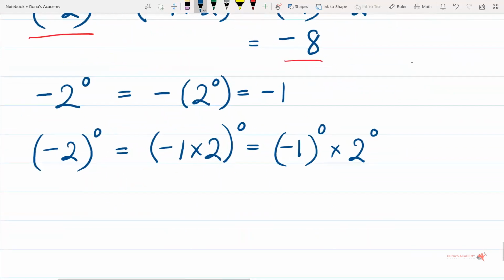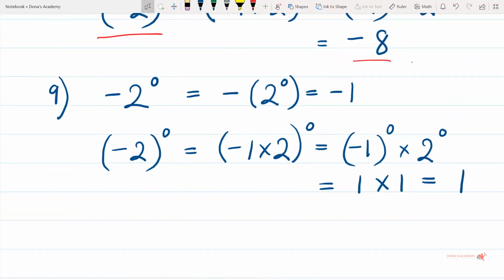Now what is negative 1 to the power 0? Remember that any number to the power 0, doesn't matter positive or negative, is 1. So this is 1 times 2 to the power 0, which is again 1, so positive 1. So again, we get two different values depending on the parentheses, right? So we have to be careful whether we have parentheses or not when it comes to power 0. Power 0 is considered even. So if it is even power for a negative number, you have to be careful with the parentheses.